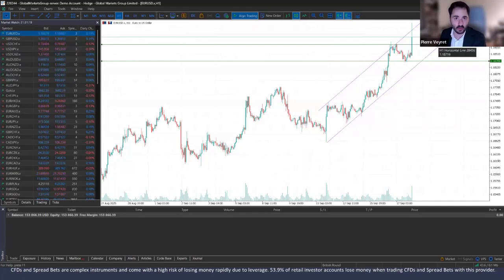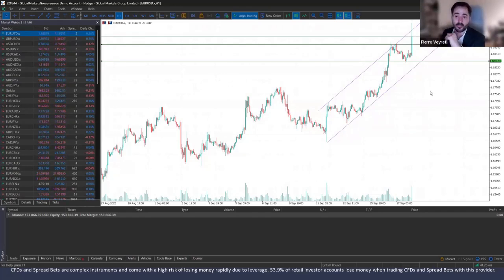But if it breaks the channel, what does that mean? It means that the bullish trend is no longer valid. It doesn't necessarily mean that the market is going to reverse to the downside, but it means the market is going to retrace or at least consolidate laterally. Maybe the market is just going to register a trading range for a while, and then it's going to go back to the bullish trend.